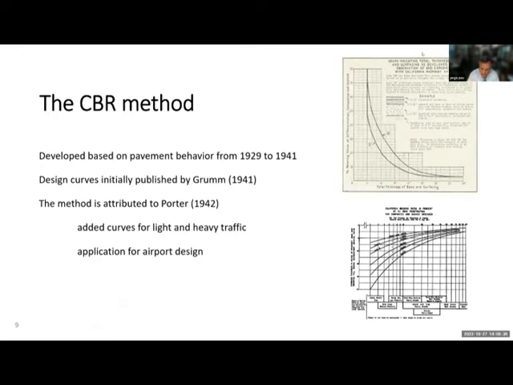So that was the first method that we used for a long time, because despite its empirical approach, it was based on a lot of pavement observation, and it worked not extremely perfectly, but it was very good for that time.